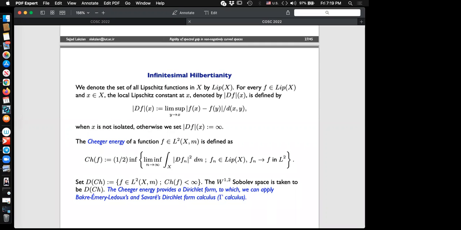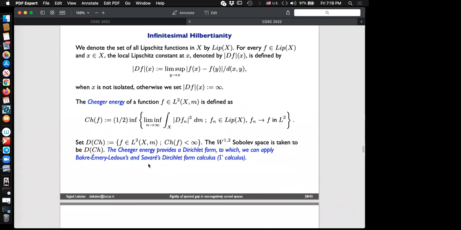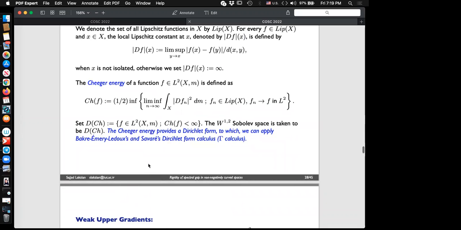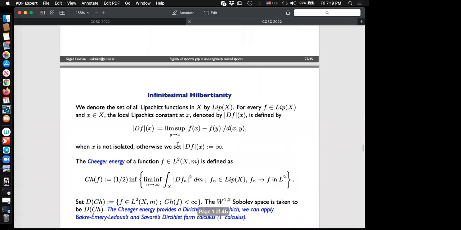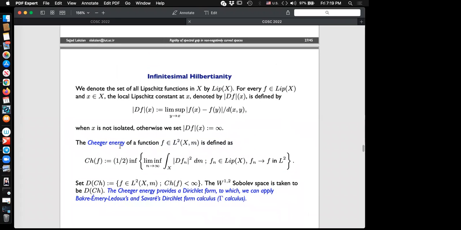And the functions that admit such finite Cheeger energy, we call them to be in our Sobolev space, the W^{1,2} space. That's how you define the W^{1,2} space. Dirichlet energies should be bounded. And so this energy being quadratic is the definition of infinitesimal Hilbertianity.